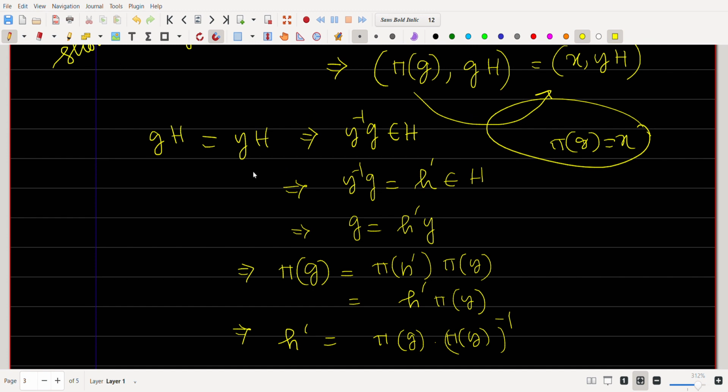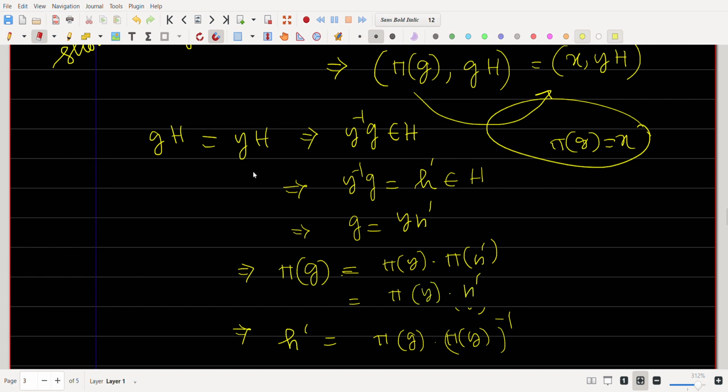That means, yeah, here is a mistake I did. Here it should be y h prime, right? So that means here it will be y h prime. So it is pi y dot pi h prime, which is equal to pi y dot h prime, and then h prime.